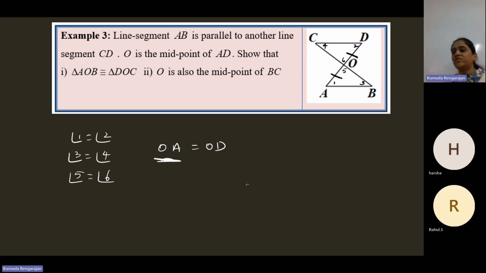OA is the included side for angle 1 and angle 5, right? So for angle 1 and angle 3, it is some other side. OA is some other side for angle 1 and angle 3, and for angle 3 and angle 5.